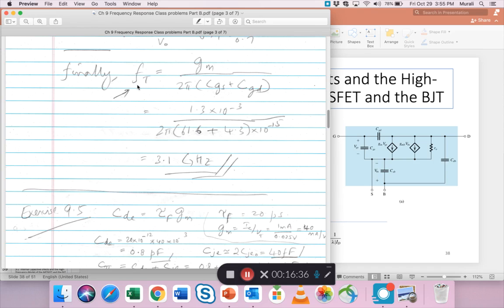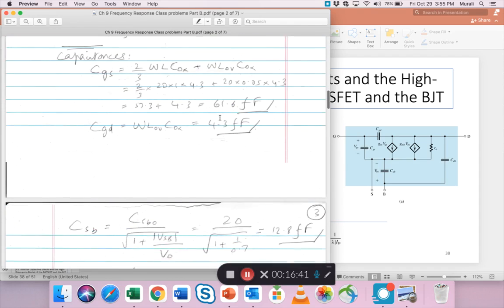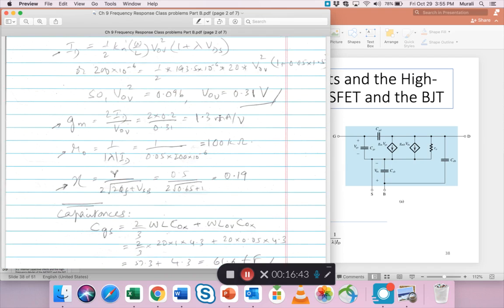Finally, FT is this formula. So these are all a straightforward application of the formulas, and I think I'll give you one problem, the small one, the 4 marks one in the final exam on this material that we cover in frequency response. So it won't be a big problem, not a 20 marks problem, but just a smaller one, the 4 marks.